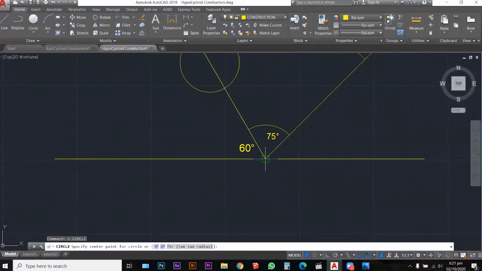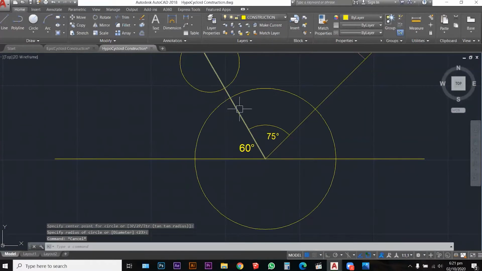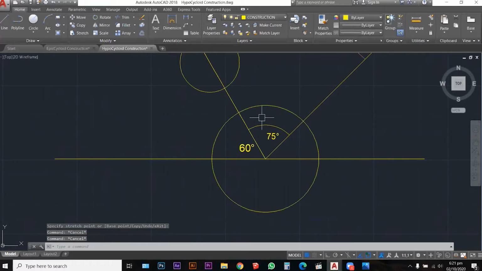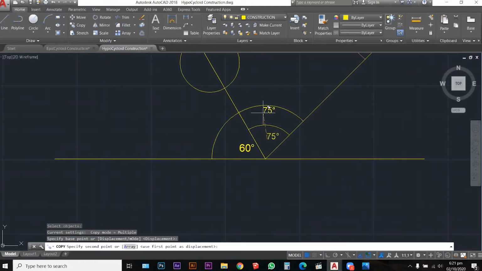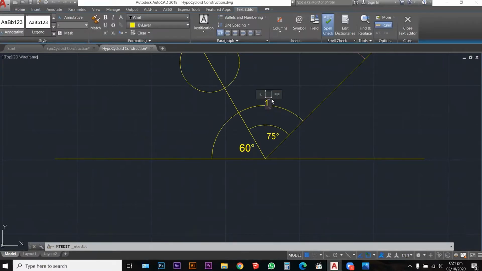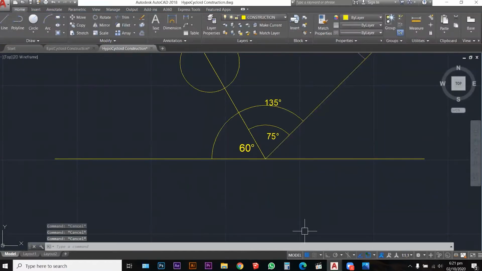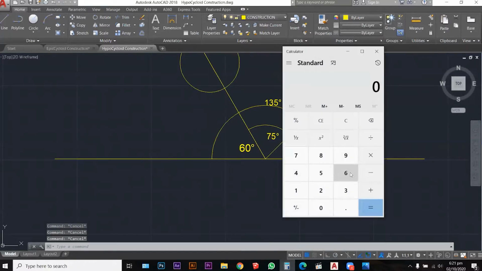But now what I'm saying is that these two angles combined create 135. So put it here. 135 degrees is a combination of 60 plus 75. Just going to verify that on my calculator. 60 plus 75. Voila, 135.